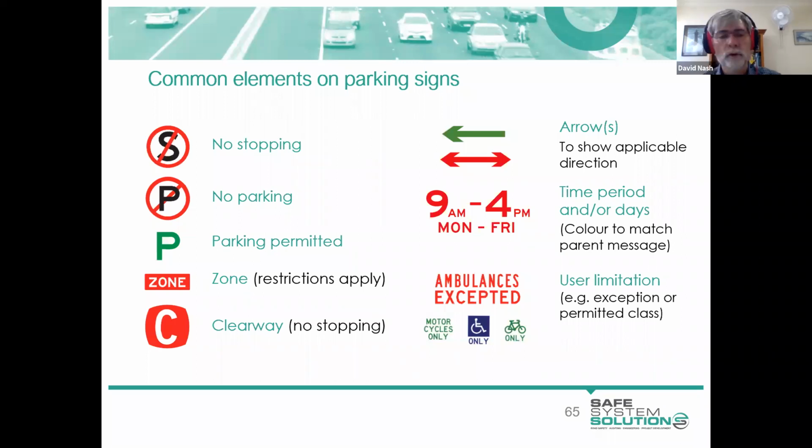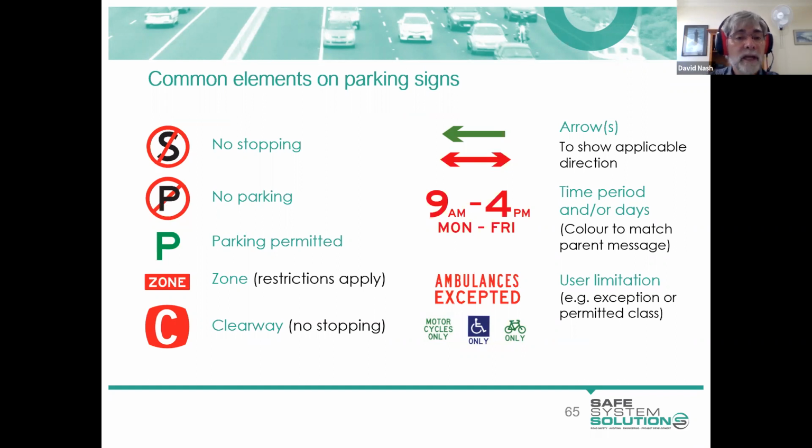Is it 2 minutes, and you're not allowed to move more than a few meters away from the car or something? Probably like me, a lot of the members of the public don't quite understand the difference between no stopping and no parking. But there is a subtle difference. No parking is rarer. It's not as common on our roads, whereas no stopping is fairly common.